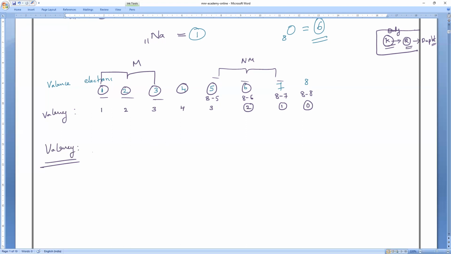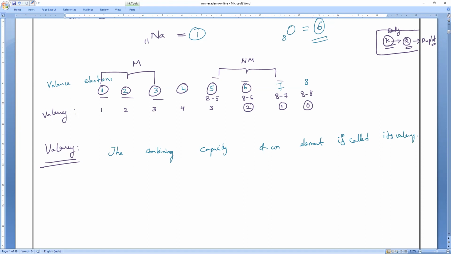So write the definition, valency. The combining capacity of an element is called its valency.